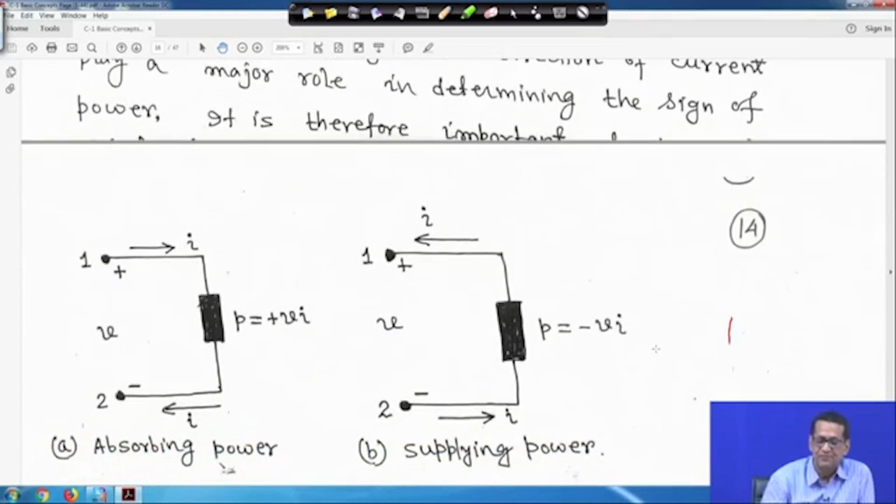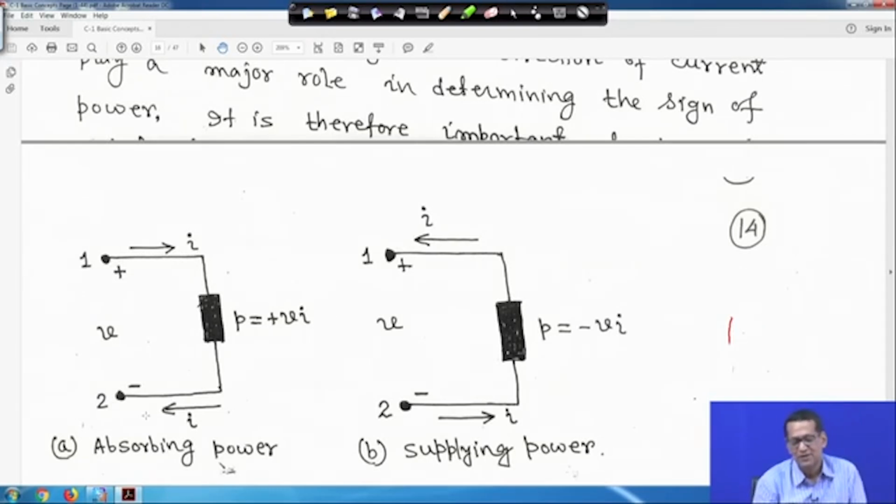Look at this one. This is a simple circuit element. This terminal is plus, this is minus, and current is flowing from this direction.